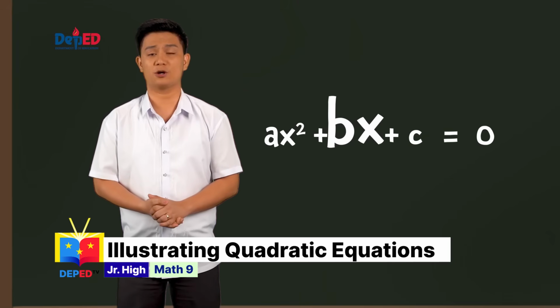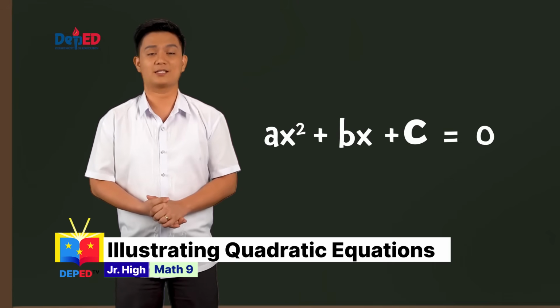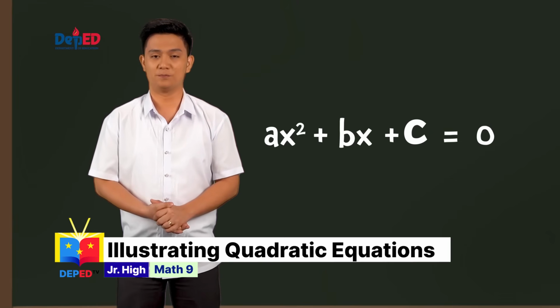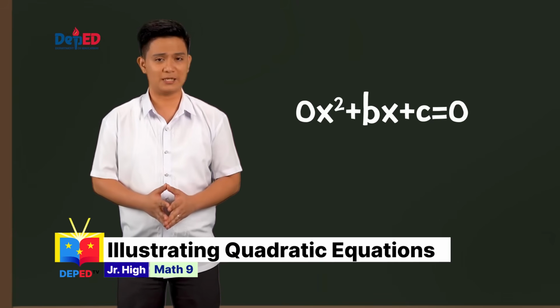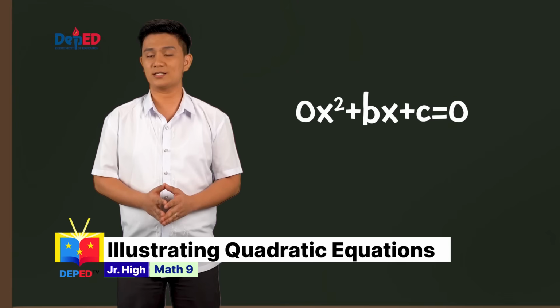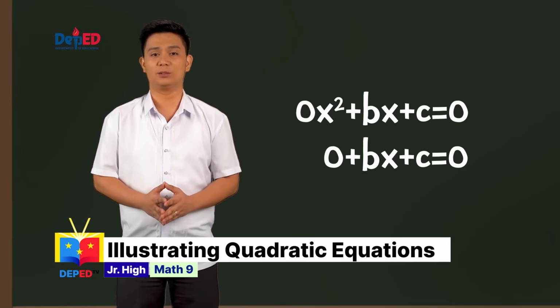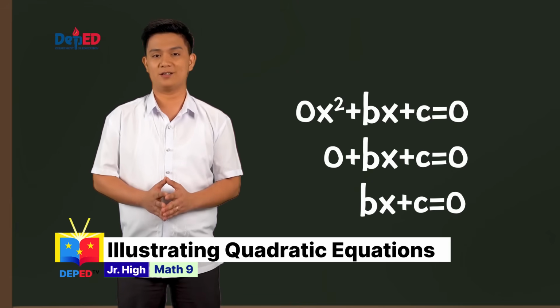Bx is the linear term, or the term of degree 1, while c is the constant term, or the term of degree 0. Note that a, or the leading coefficient, should not be equal to 0. Otherwise, the equation will be linear since any quantity multiplied by 0 is equal to 0 and thus can be omitted already.